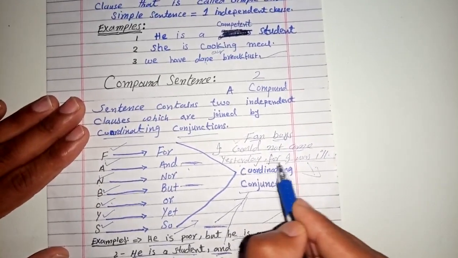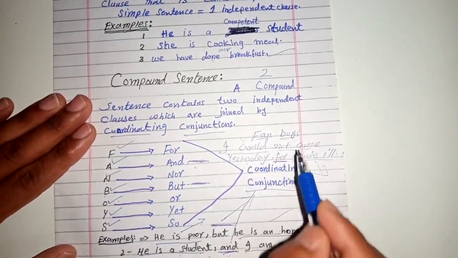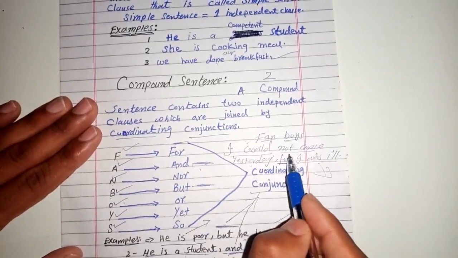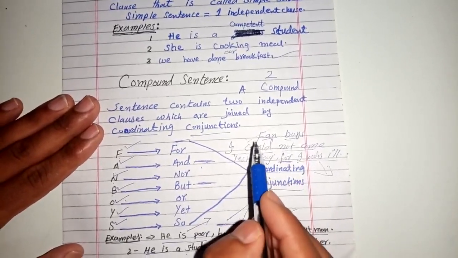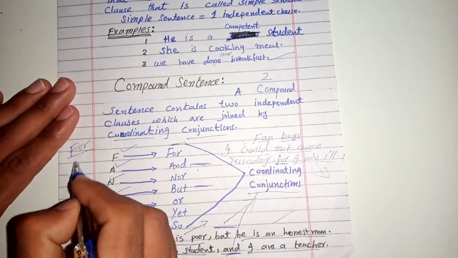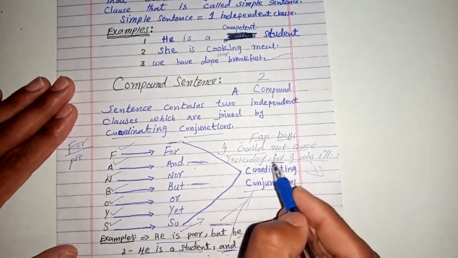The word which joins these two sentences is for, and it is a conjunction. In this sentence it is considered a conjunction, not a preposition. Most of the time for is considered a preposition, but here it is a conjunction.